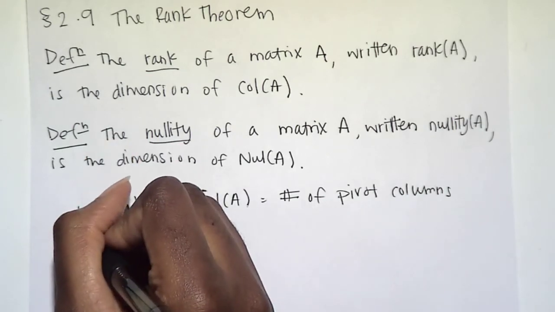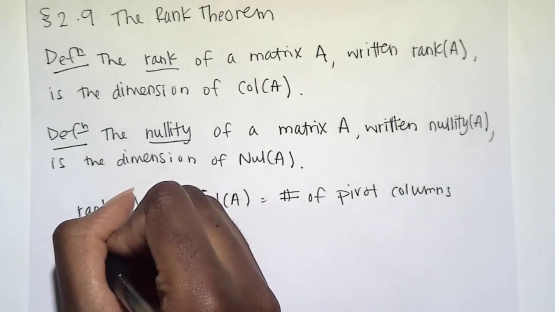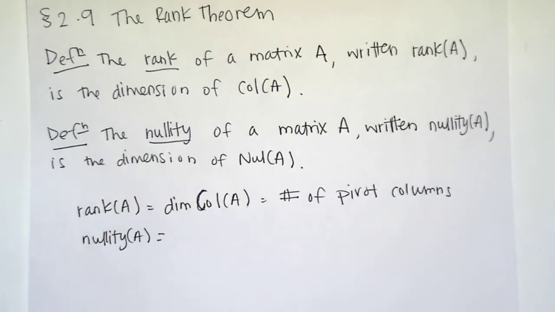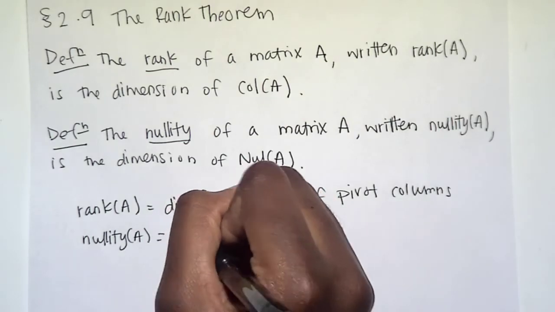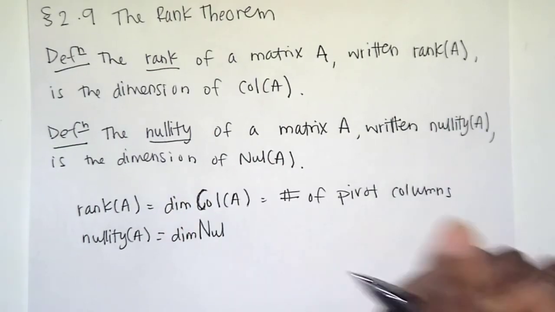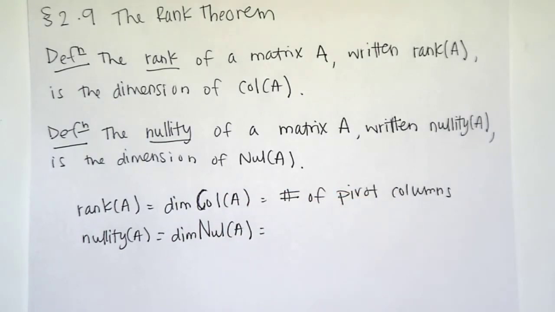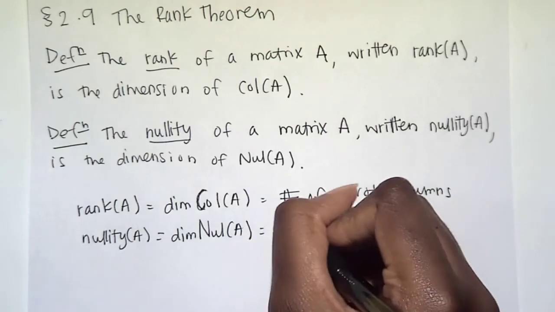And then we have nullity of A. Well, that is just the dimension of the null space of A, which is going to be the number of free variables we have.